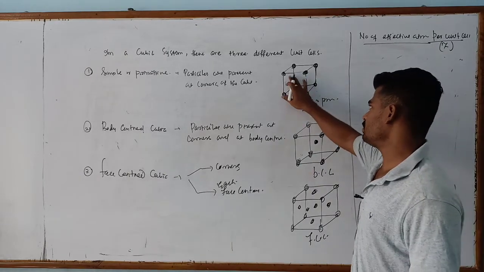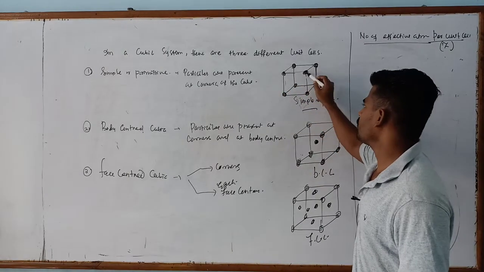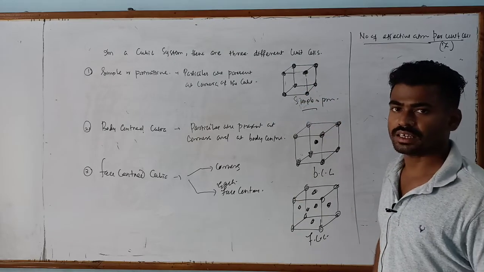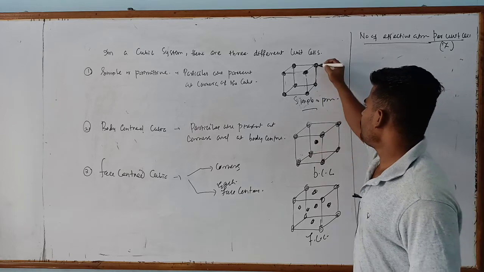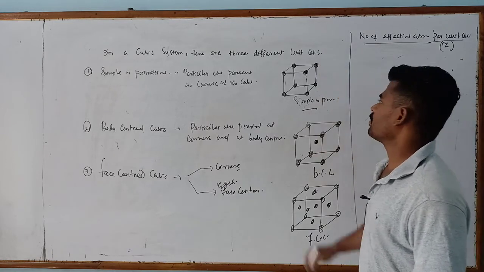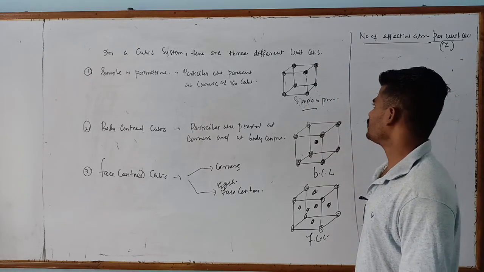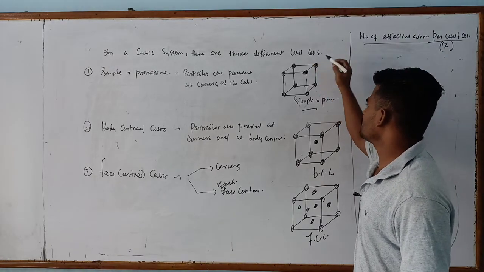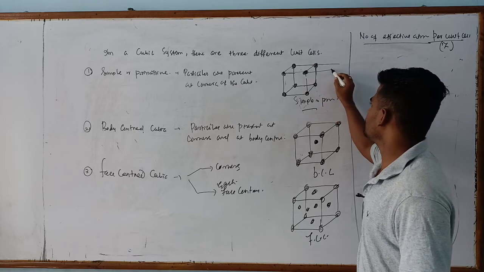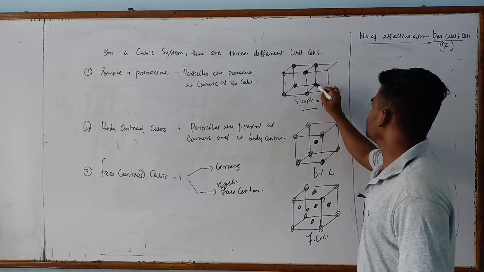So don't think that this unit cell has 1, 2, 3, 4, 5, 6, 7, 8 atoms. No, it's not like that. If you imagine the space lattice, and I consider this one particularly, its contribution will be how much per unit cell? You just see here, it is not only associated with this unit cell, because you know the space lattice is distributed 3 dimensionally.